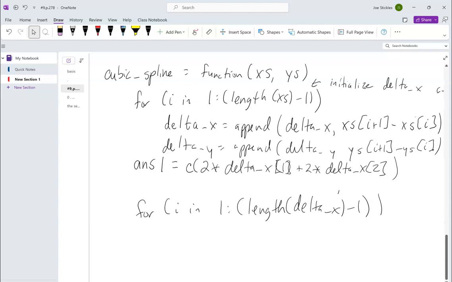I want to append some stuff on here, don't I? I want to keep adding to this list because that's the thing I need to keep track of. This is the diagonal part that we need to keep track of, right? Okay.